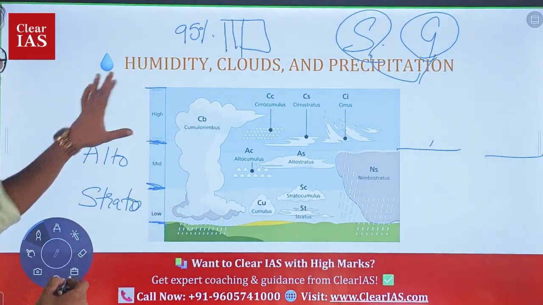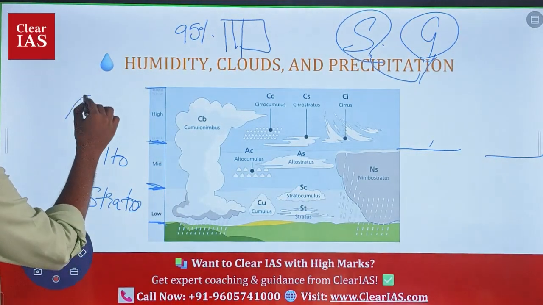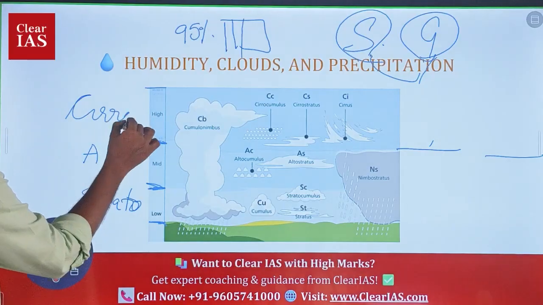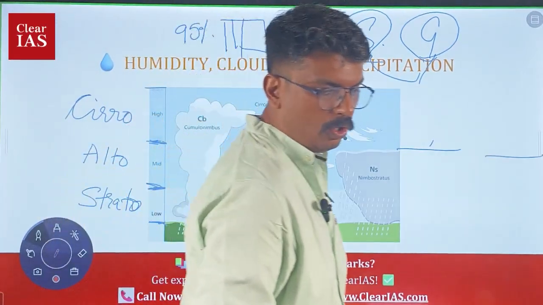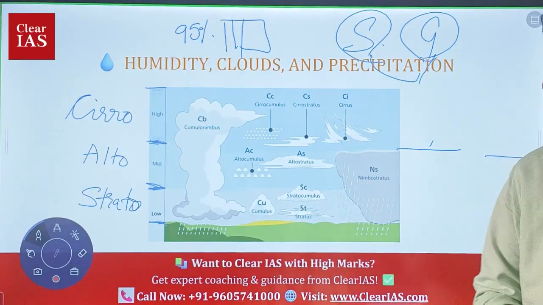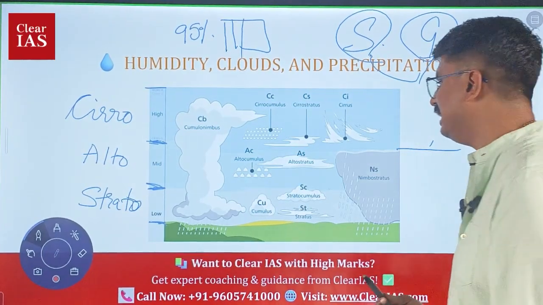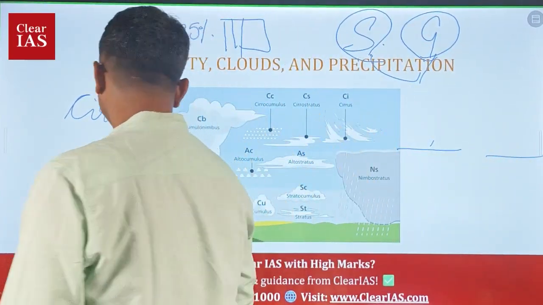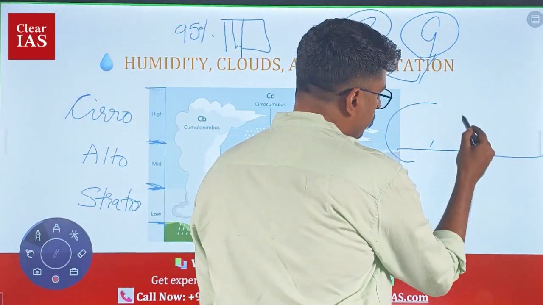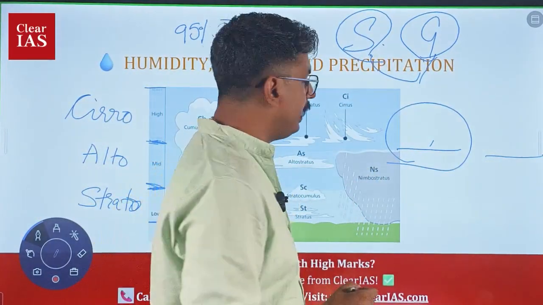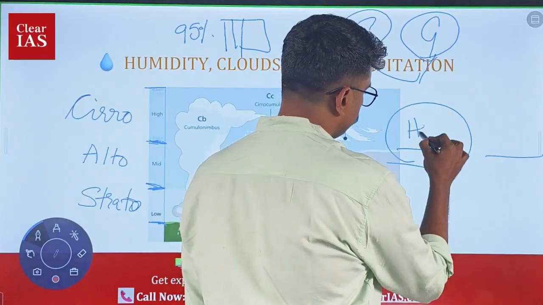So the clouds in the highest range, we start their name with cirro. So strato, alto and cirro, these are the three words that can come in the first part of the name. And what does it show?